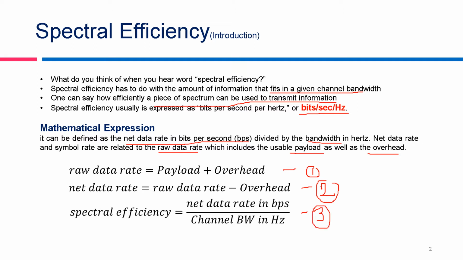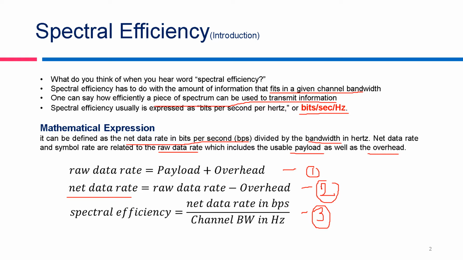The very first equation is related to the raw data rate, which is payload plus overhead. To get the net data rate, we can simply deduct the overhead from the raw data rate.